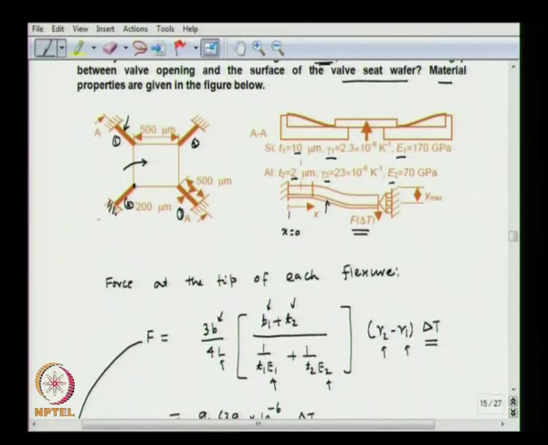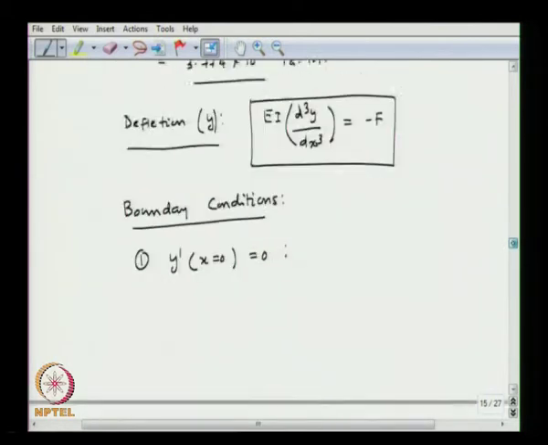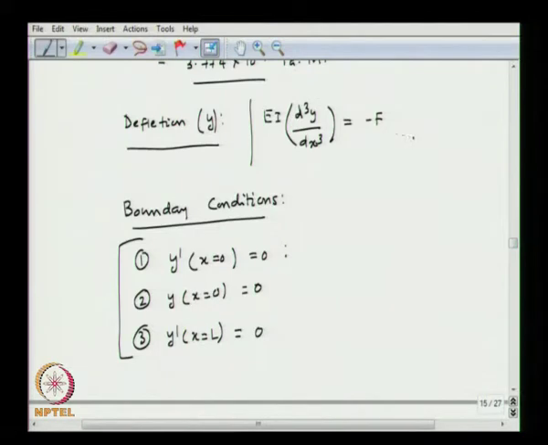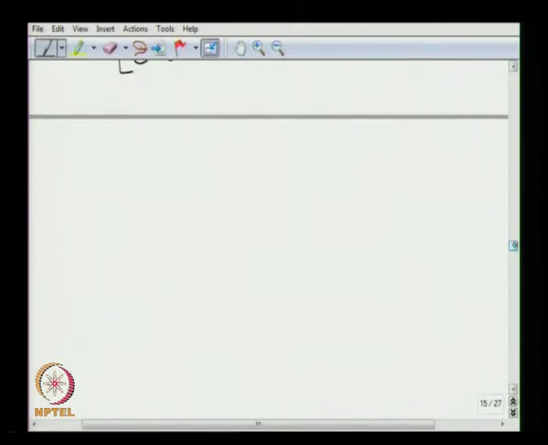And also since it is rigid, the deflection will vanish here as well. So, y dash at x equal to 0 will be 0, and the y at x equal to 0 will be also 0, and the third condition is that the slope at x equal to L at the membrane will be 0, right. So, if you use these 3 boundary conditions to solve this differential equation, then you get the solution.